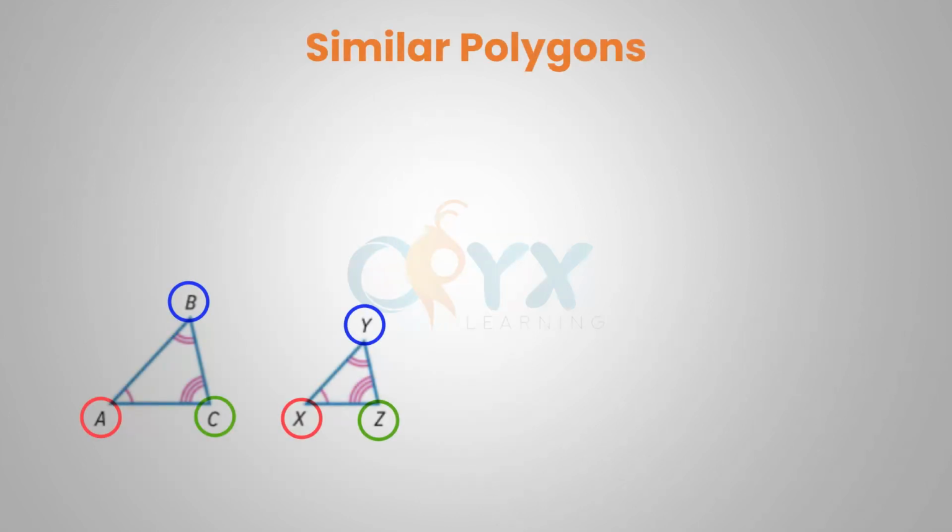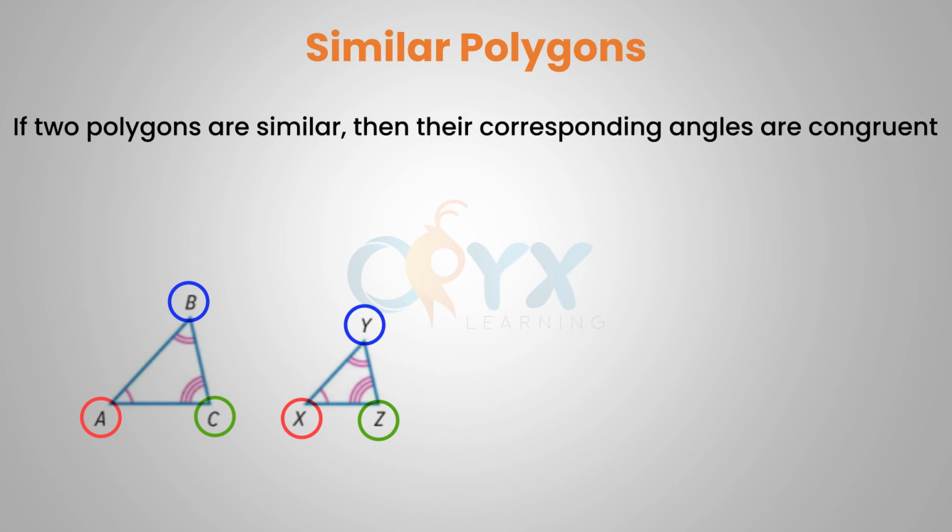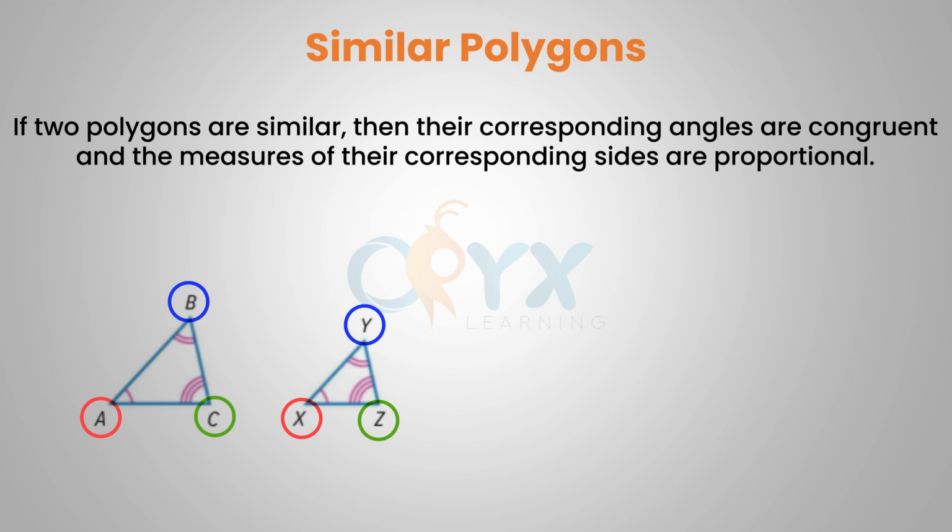So remember, if two polygons are similar, then their corresponding angles are congruent and the measure of their corresponding sides are proportional.